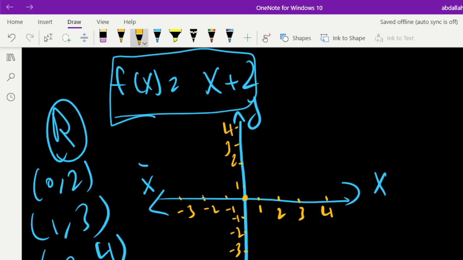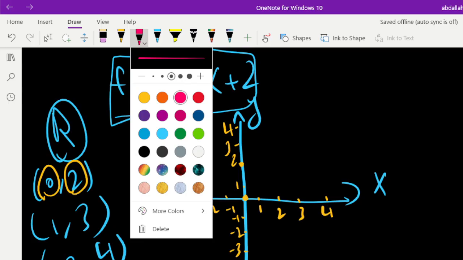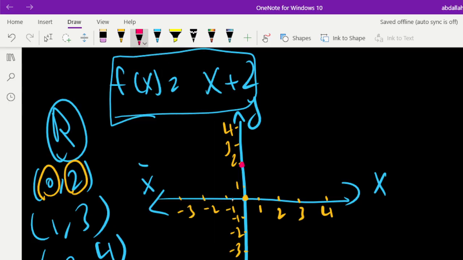We have 0 for x and 2 for y. This is the 0 of y and x. 0 and 2, here is the point. Let me change the color. This is the first point. 1 for x, here is 1, and 3.